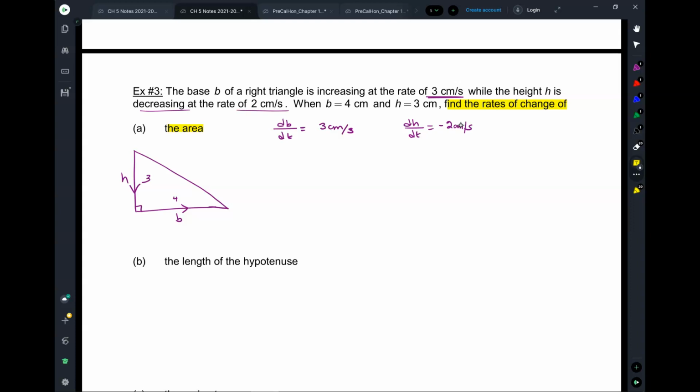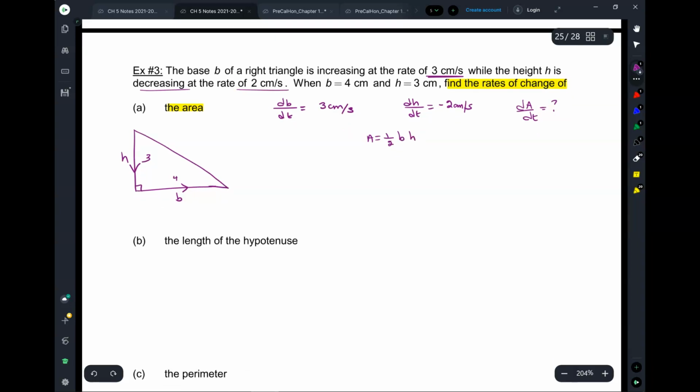Same thing here. You want to relate what you want to find with what you have. And what we want to find is dA/dt. Okay? And so how is area related to the stuff that we have? Well, area is half BH.